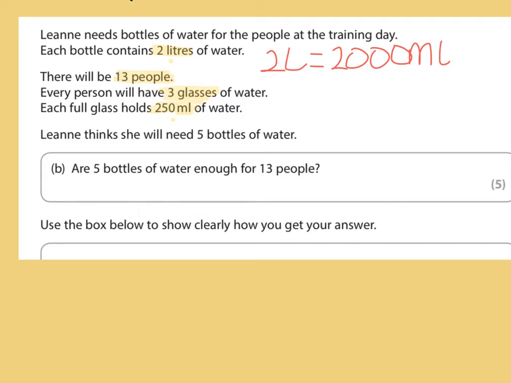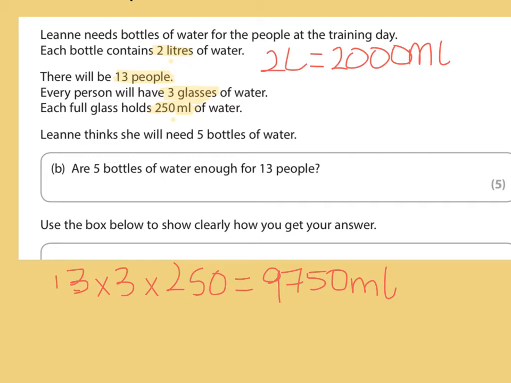I have to work out how much 13 people are going to drink. 13 people are going to have 3 glasses of water each, and each glass is going to contain 250 millilitres. So 13 times 3 times 250 will give me 9,750 millilitres, and I'm writing my units in there.